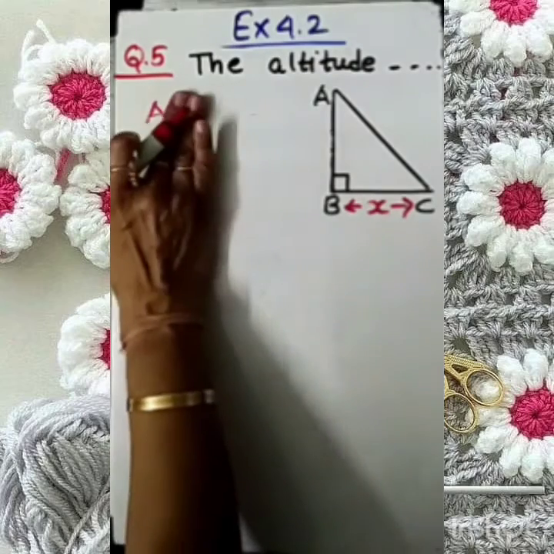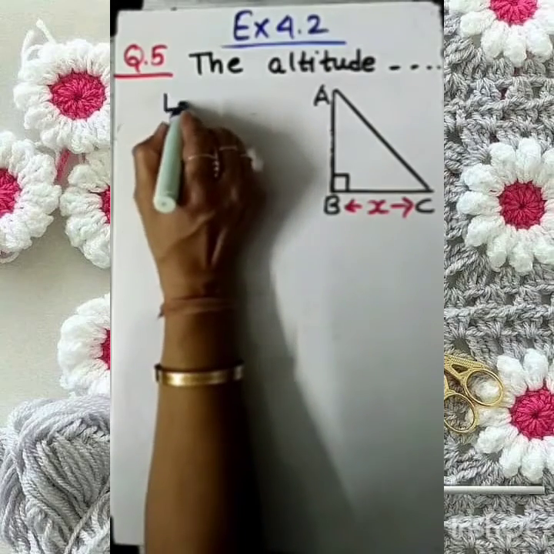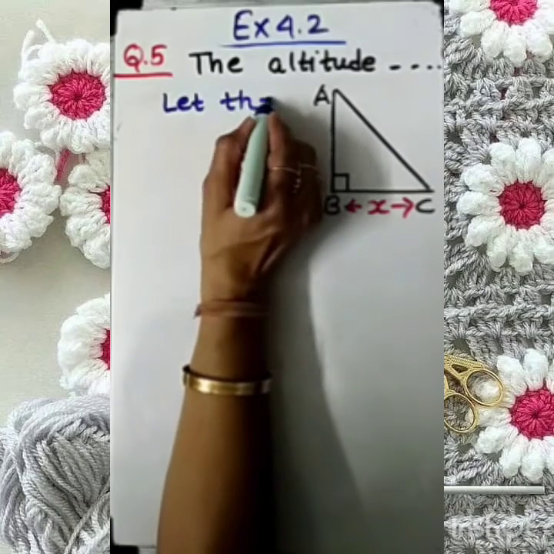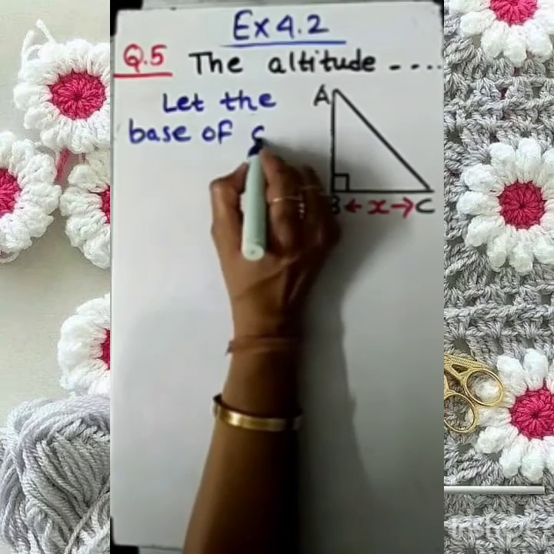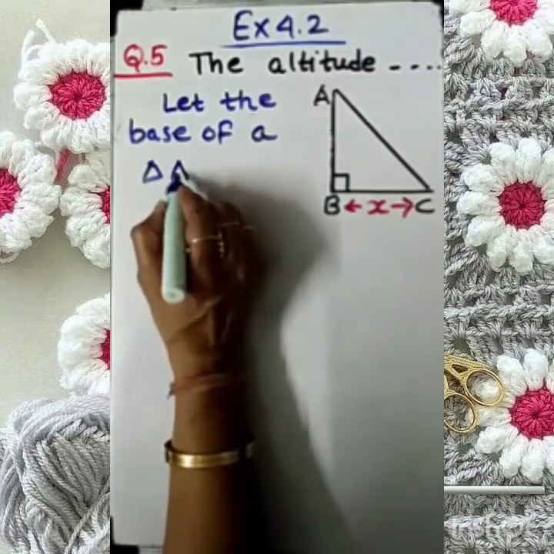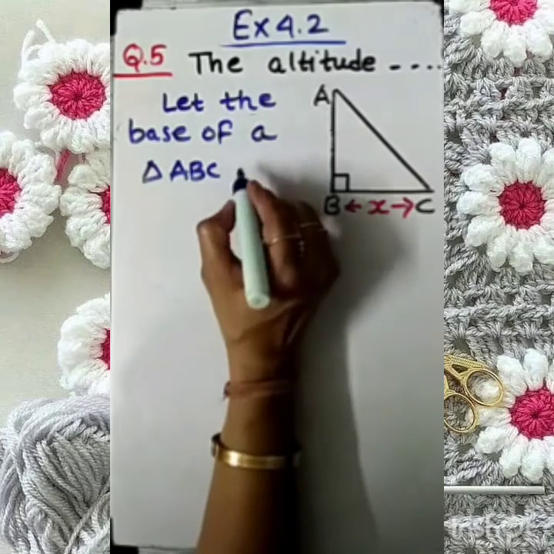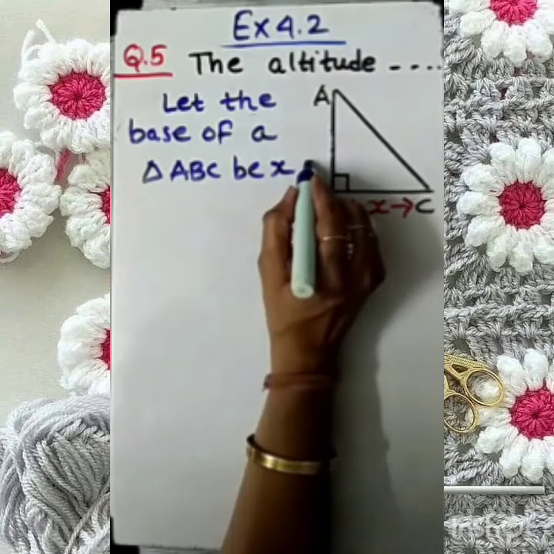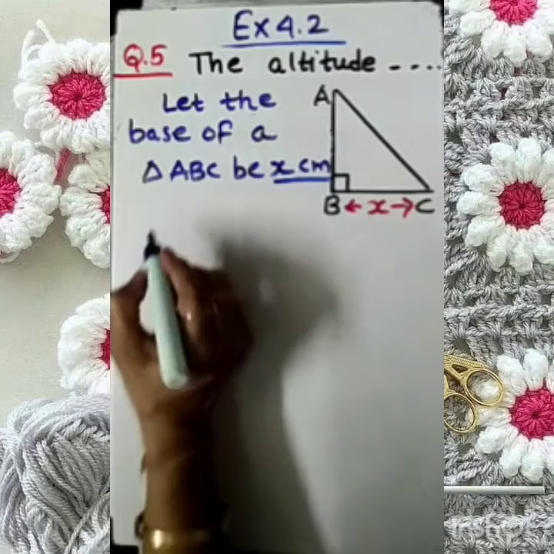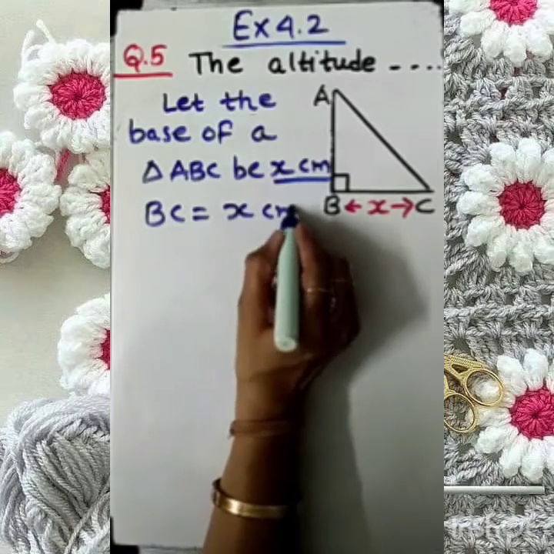So in the beginning step we need to mention: let the base of triangle ABC be x centimeter, as it is given in centimeter. So BC is the base, so that is x centimeter.